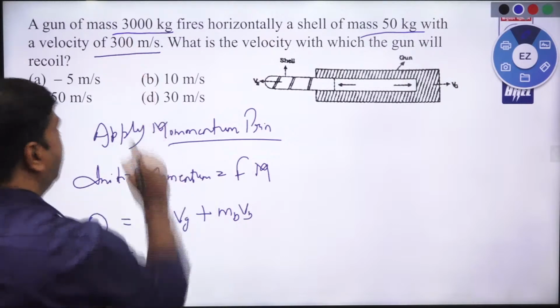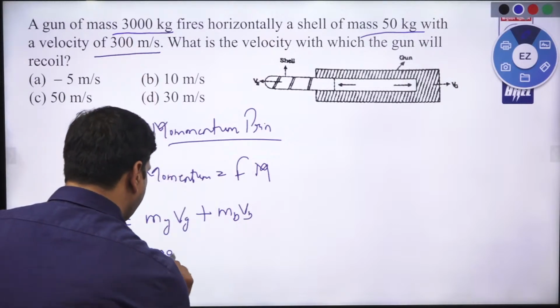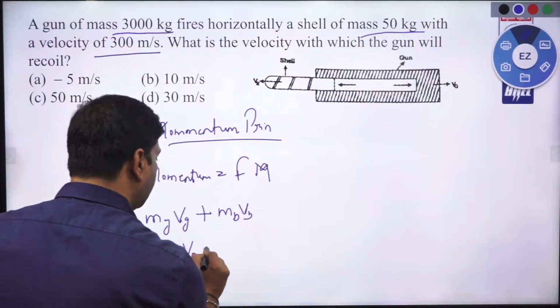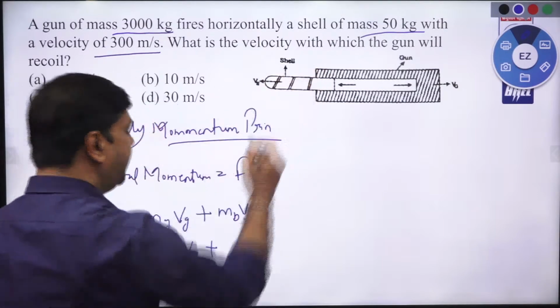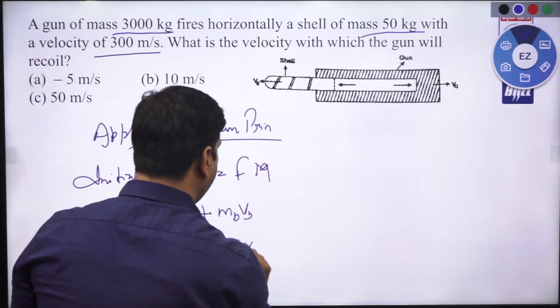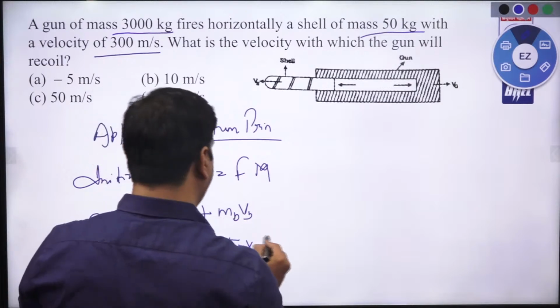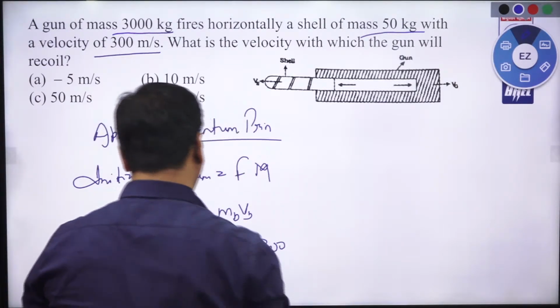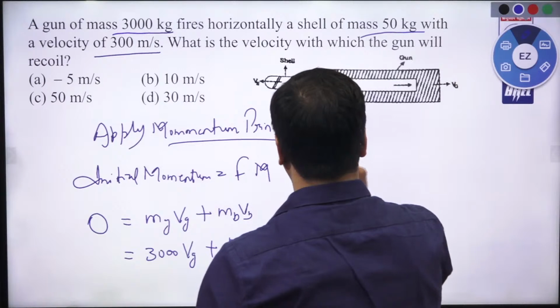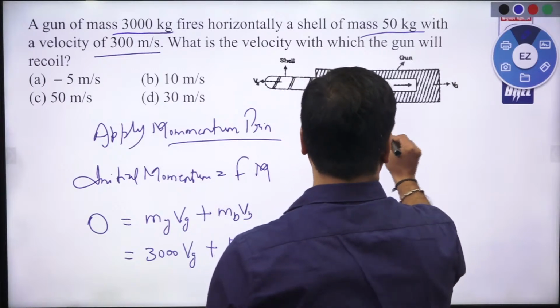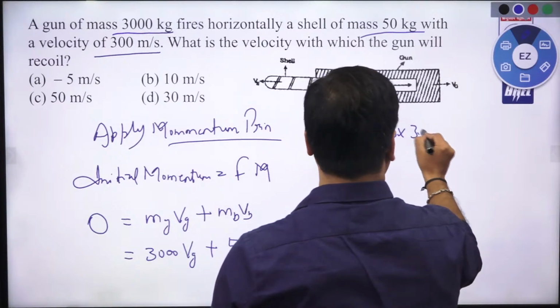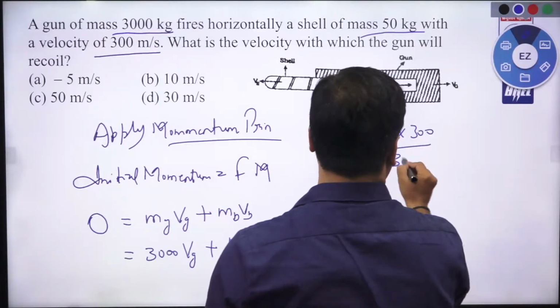As I know, mass of the gun is 3000 kg and we have to find the velocity of the gun, plus mass of the bullet is 50 kg, and the velocity of the bullet is 300 meter per second. So the velocity of the gun equals 50 into 300 divided by 3000.